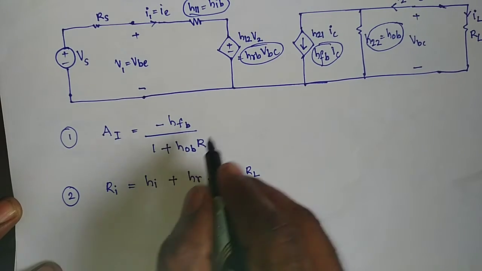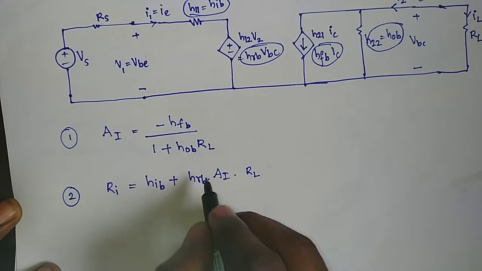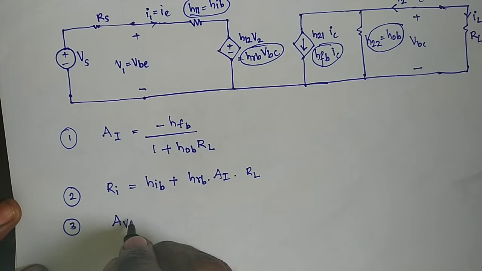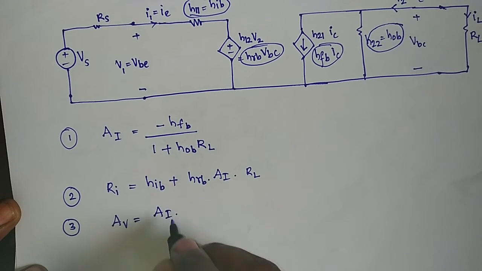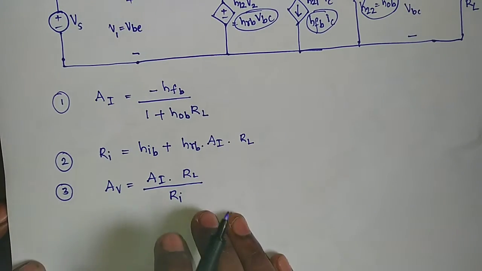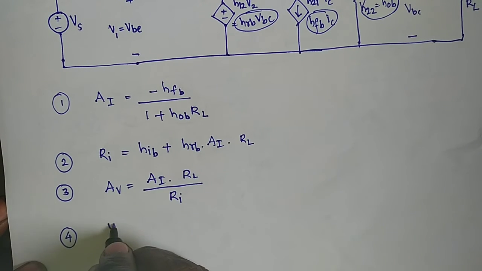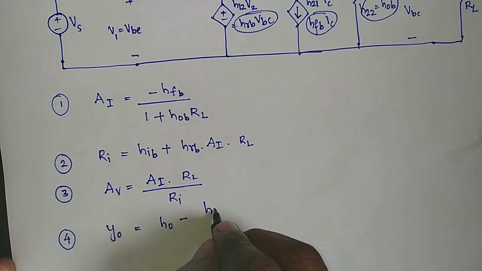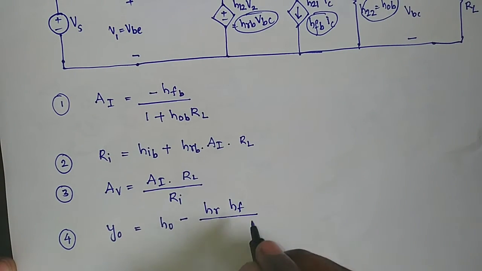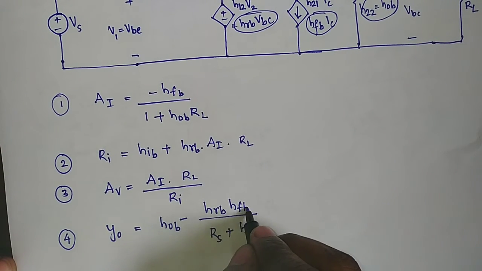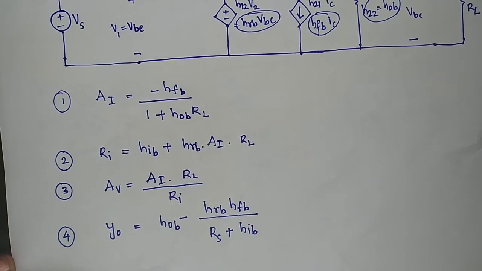In common base, that is HIB and HRB. The third one, voltage gain AV, is equal to AI into RL by RI. Fourth, output admittance Y0 is equal to H0 minus HR HF by RS plus HI. In common base, that is H0B minus HRB HFB by RS plus HIB.